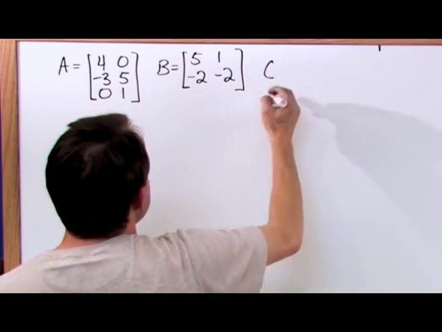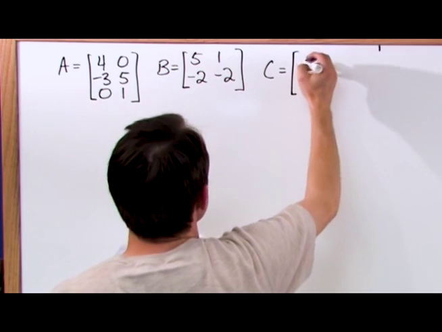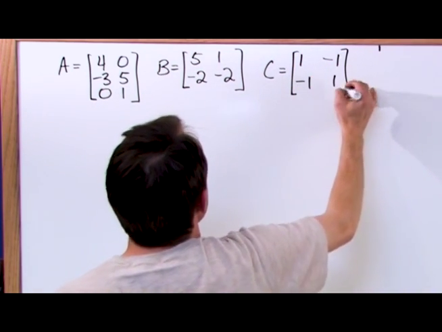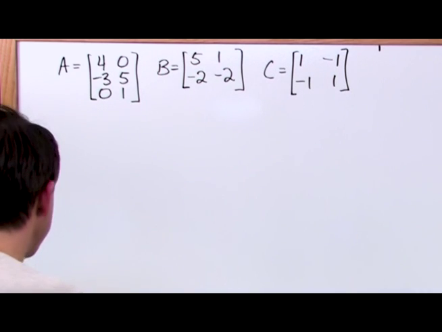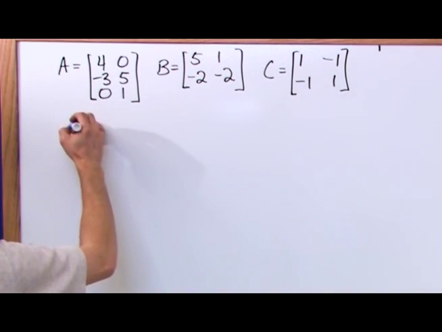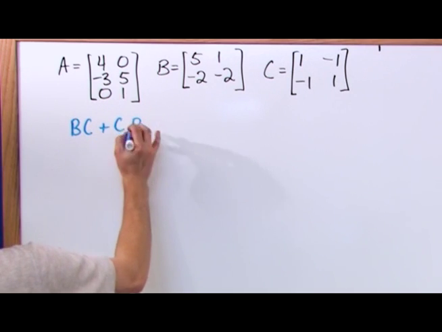Okay. And then C is a third matrix, so we're going to get into a little bit different kind of problem, but really it's the same skills. 1, negative 1, negative 1, and 1. So we have 3 different matrices, and what I'm going to ask you to do is let's calculate the following thing. Let's find B times C plus C times B.